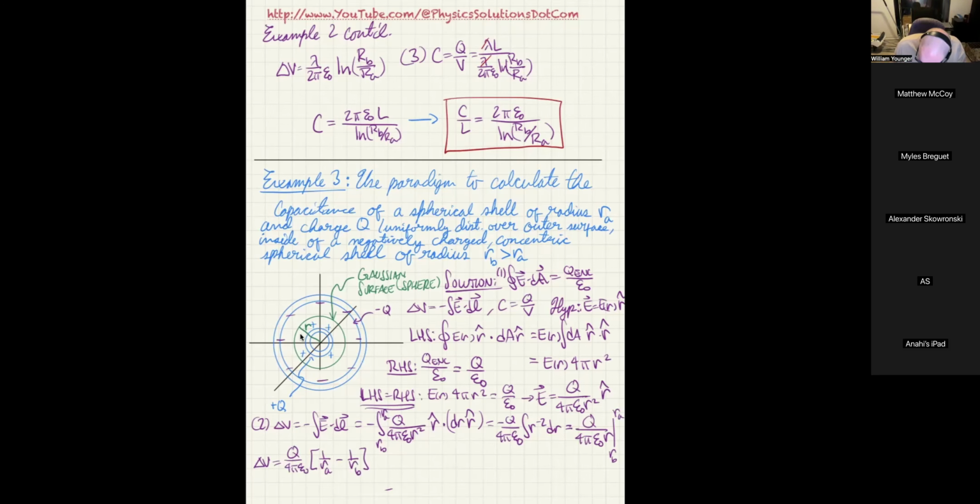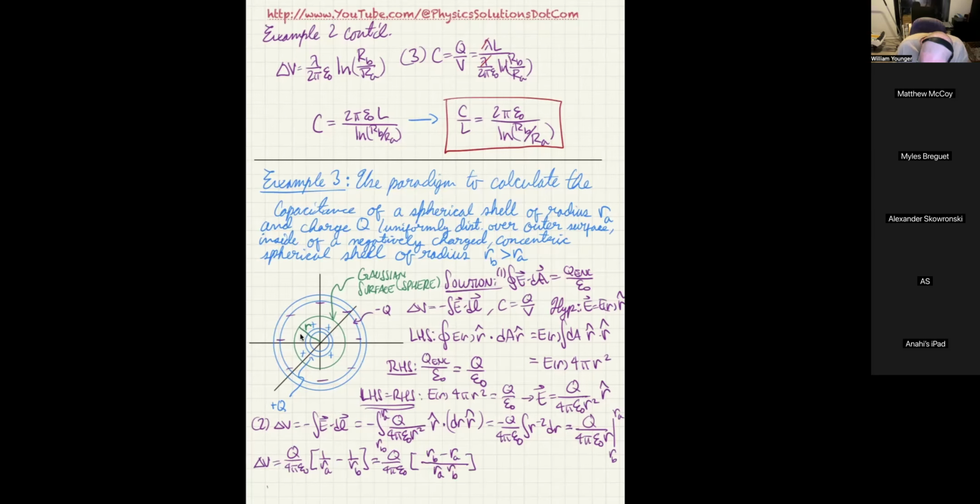But it's smart for me to go ahead and get a common denominator, so I'm going to call this Q over 4 pi epsilon naught. And now I'm going to make this RB minus RA, which of course is a positive quantity, divided by RA times RB.